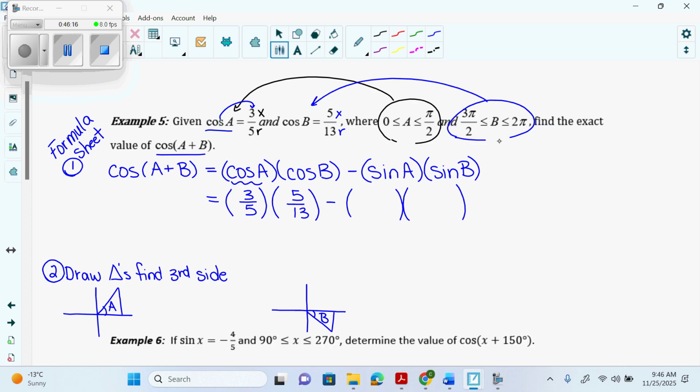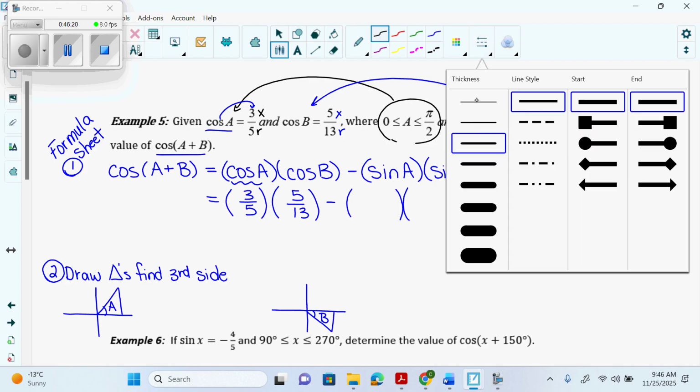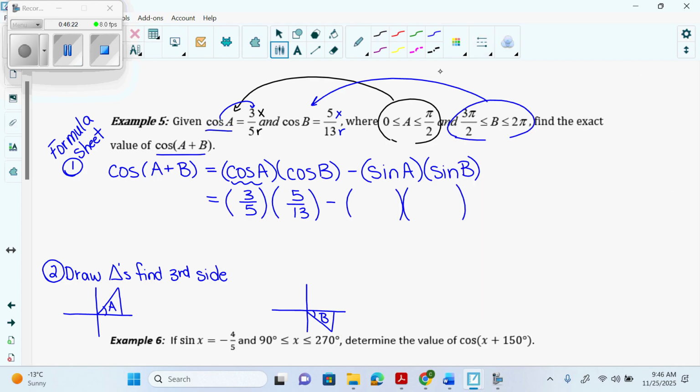Okay, let's fill in what we know on these triangles. So we're going to deal with the A triangle first. I know it's x over r because cook extra rice. So I know I have x equals 3. I know I have r equals 5. And I know I have y equals positive something. These are the nice triangles. It's the 3, 4, 5 triangle. But if you don't recognize that, you can solve it.